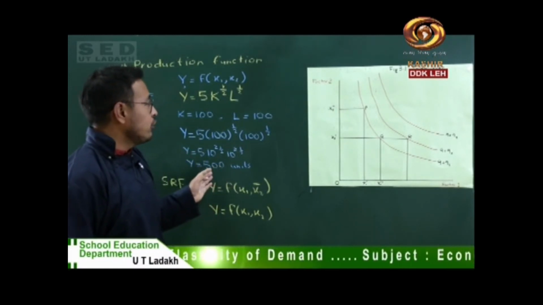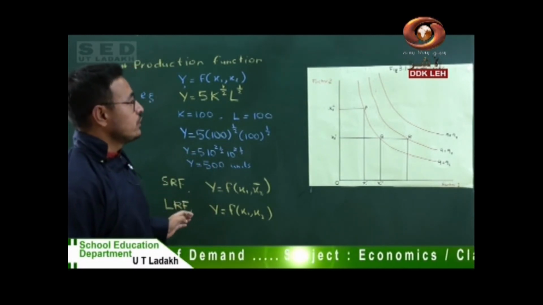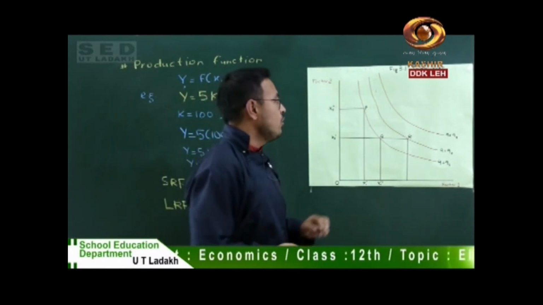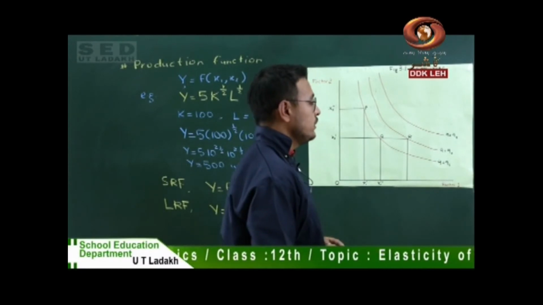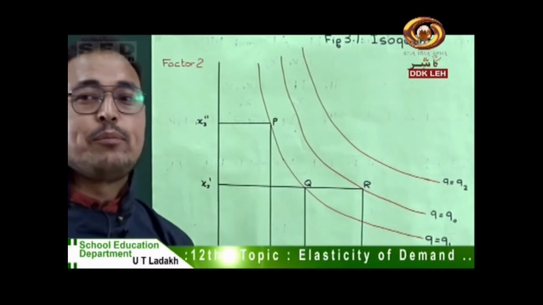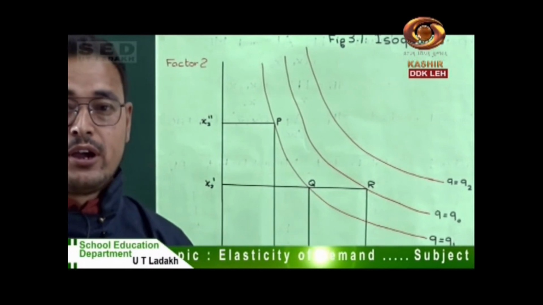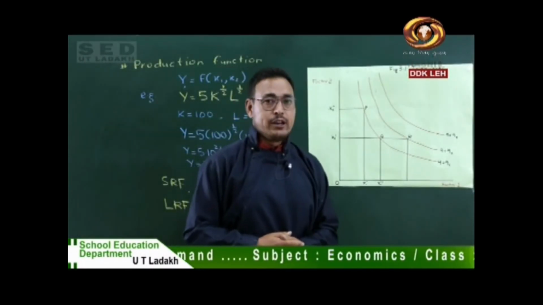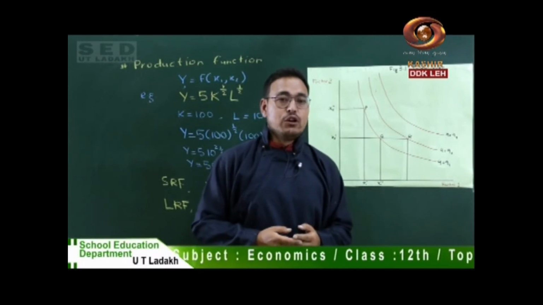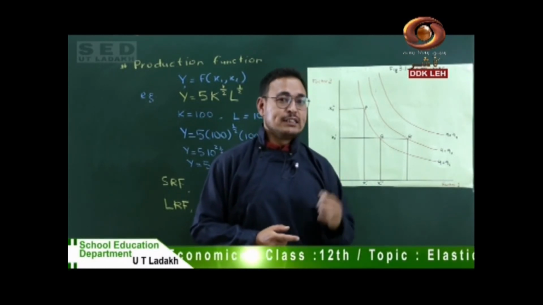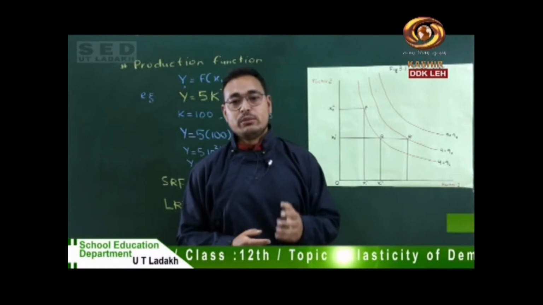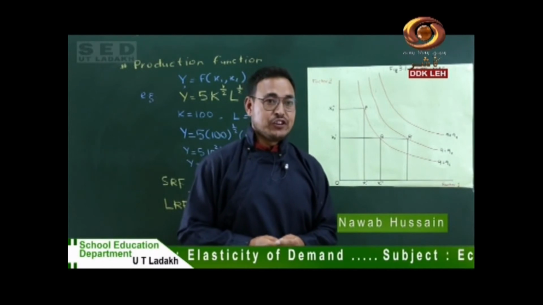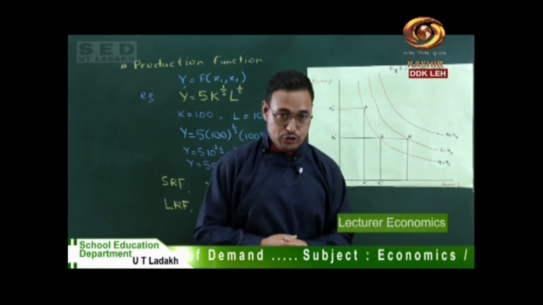Now the second concept related to production function is your isoquant. Again, in your first chapter, you have studied a concept called indifference curve, which is very much similar to this concept of isoquant. As a recap, we know that indifference curve is the set of all possible consumption bundles that gives the same level of satisfaction or utility to a consumer.